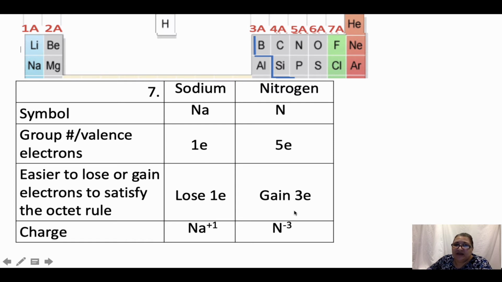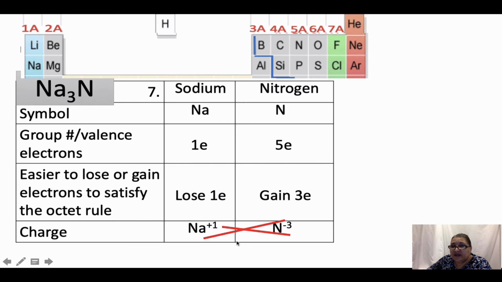And we use a method called crisscross, where you bring that number to the bottom without the charges. So it takes 3 sodiums for every 1 nitrogen. So think of it as you need Na plus, Na plus, Na plus to make positive 3 to neutralize negative 3. Okay, let's do one more.